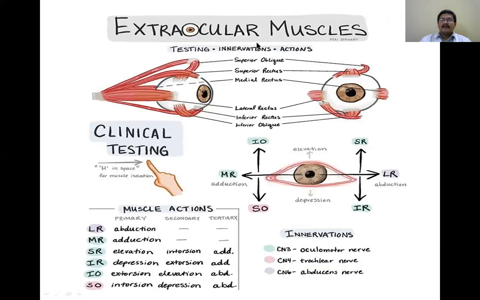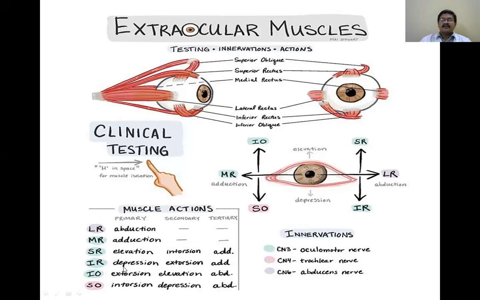These are the extraocular muscles. This is the elevation, depression, adduction, abduction. All these muscles have a primary function, a secondary function and a tertiary function. If you look at the lateral rectus, it causes abduction, and the medial rectus, adduction. The superior rectus: the primary function is elevation, the secondary is intorsion, and the tertiary is adduction.